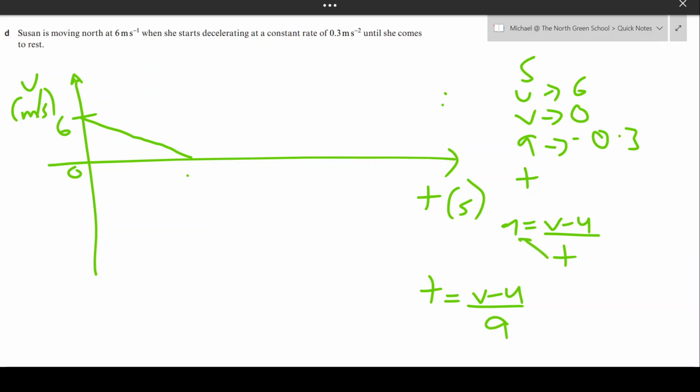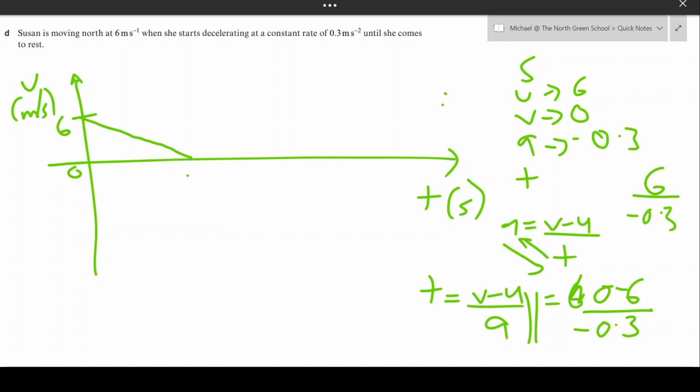We just flip those, which will be equal to 0 minus 6 divided by negative 0.3, which is negative 6 divided by negative 0.3. That gives us 20. So it takes 20 seconds to get back to rest. And that's it for that.